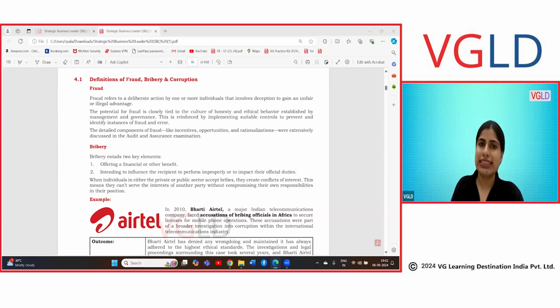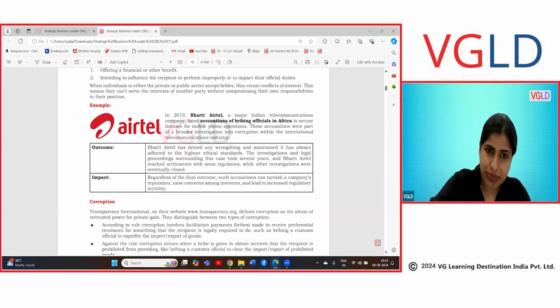Fraud is an intentional act to gain an unjustified advantage, which is not fair. I am doing this intentionally to get benefits from the other person. And bribery is when I am offering a financial or other benefit, and it is a part of corruption.